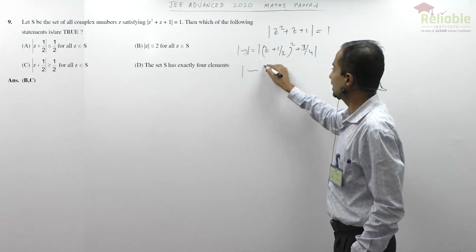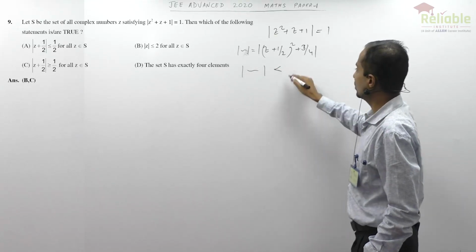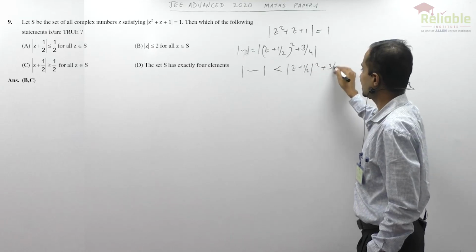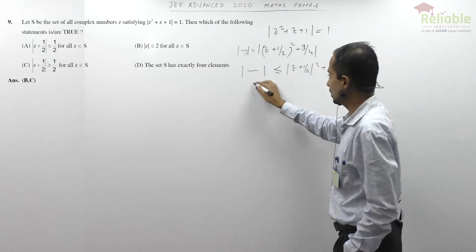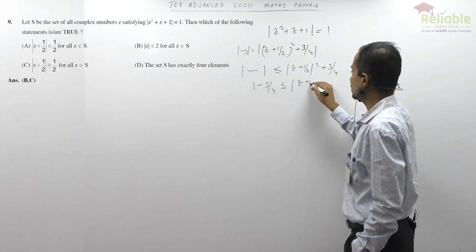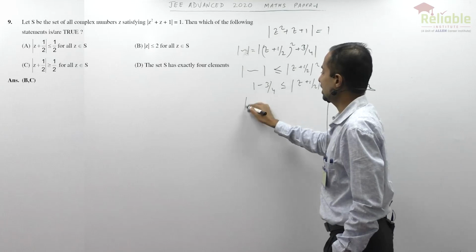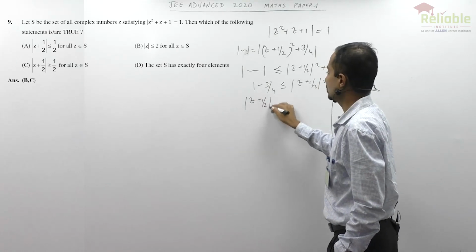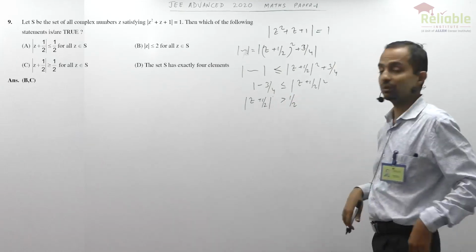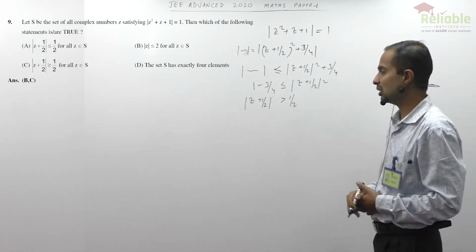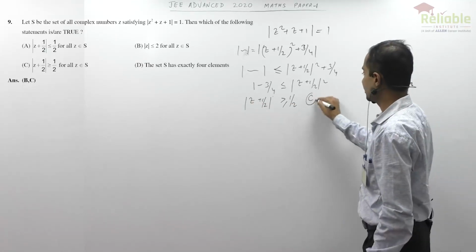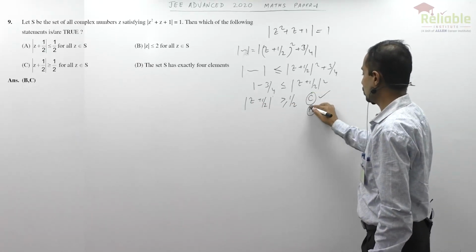Now we know that this thing is always z plus half ka whole square plus 3 by 4. This is of course 1 minus 3 by 4 z plus half ka whole square, and hence we get z plus half ka whole square is greater than 1 by 4, hence z plus half ka mod is greater than equal to half. So that is your third choice, and A choice is of course wrong.